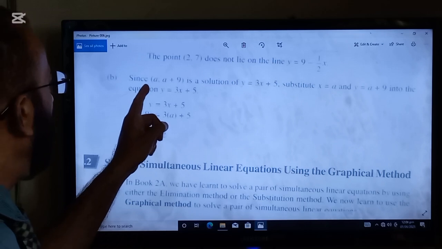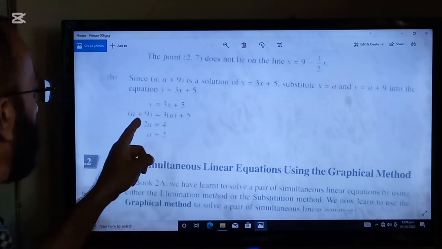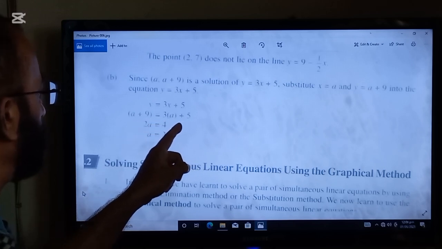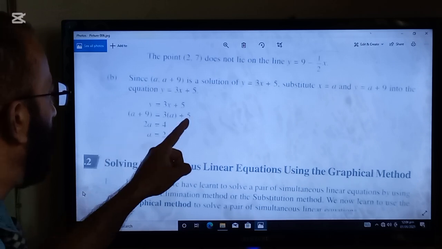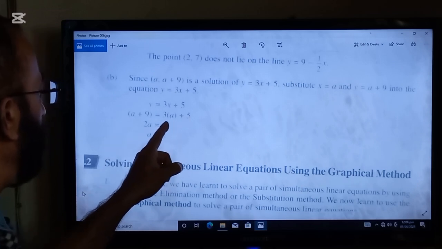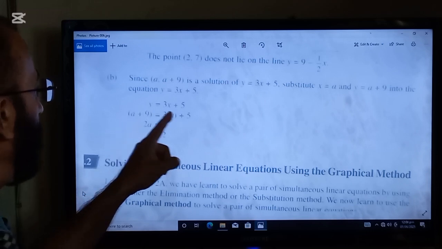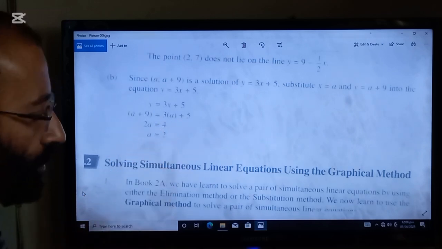Look now, the x coordinate will be placed in place of x and the y coordinate will be placed in place of y. So a plus 9 will be equal to 3a plus 5. Okay, this a will go to the right side and 3a minus a will become 2a and 5 will go to the left side. So 9 minus 5 will be equal to 4, and from here a will be equal to 2.